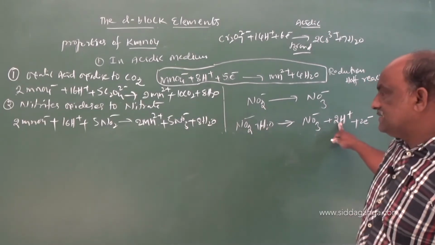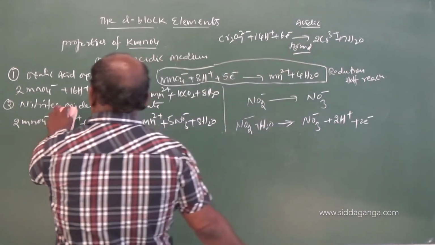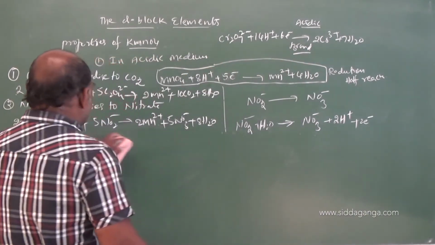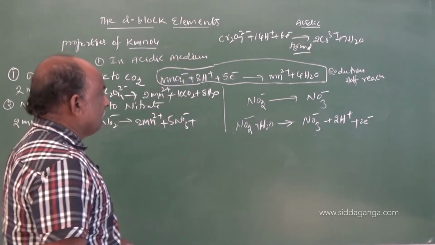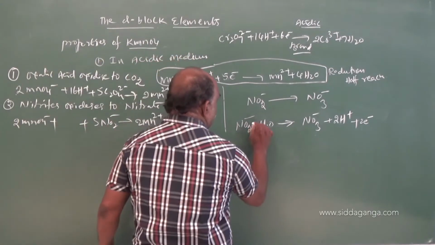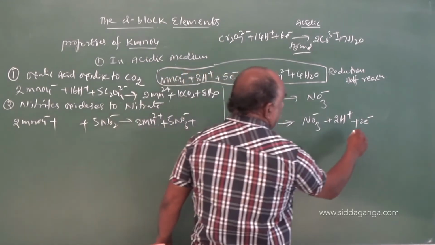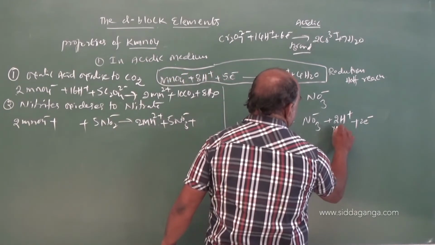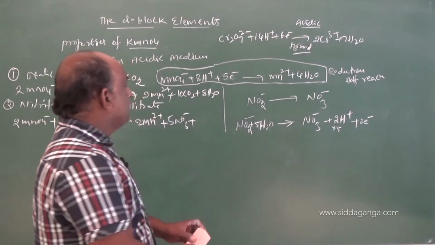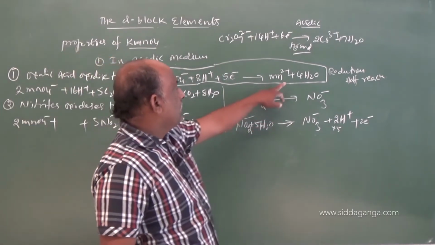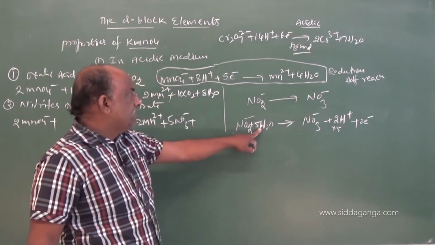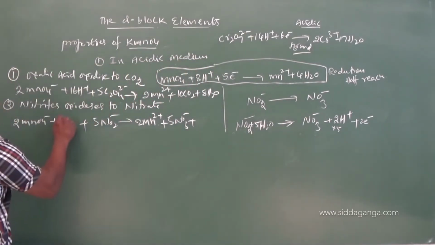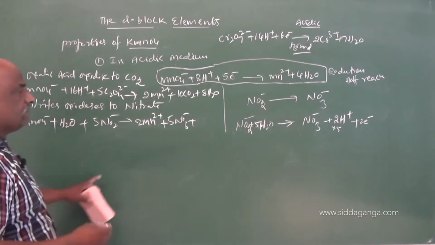So a little bit changes here. Here 5H2O, and into 5 means 10H plus. In this one, how many H2Os are there? 4 H2Os on the right side and 5 H2O on the left side, so only 1 water molecule results.